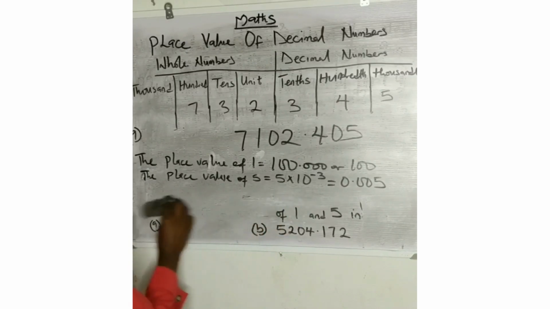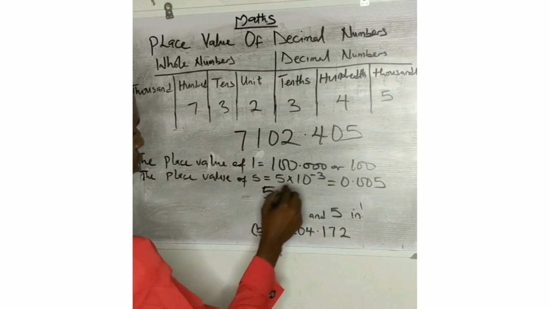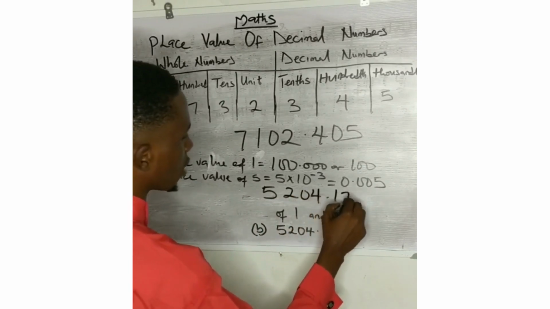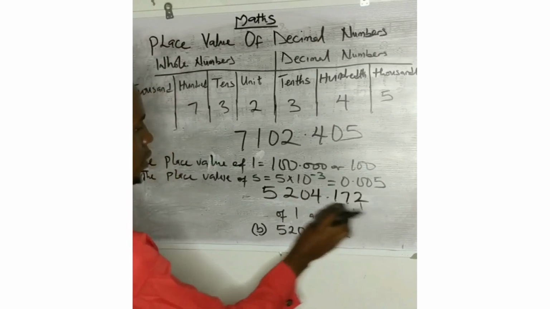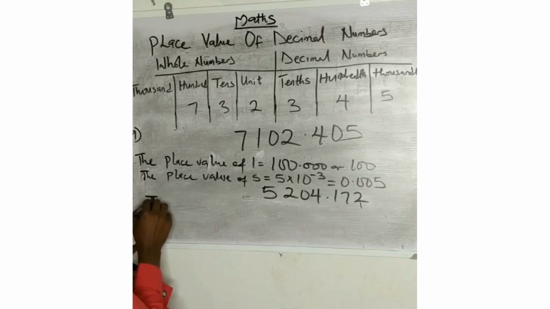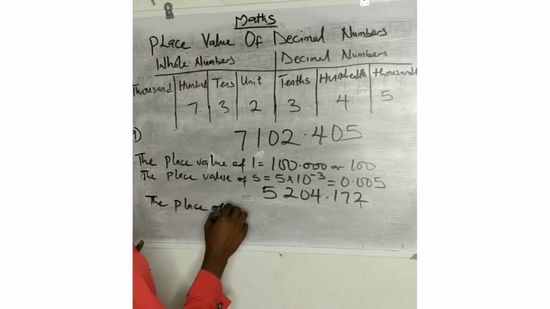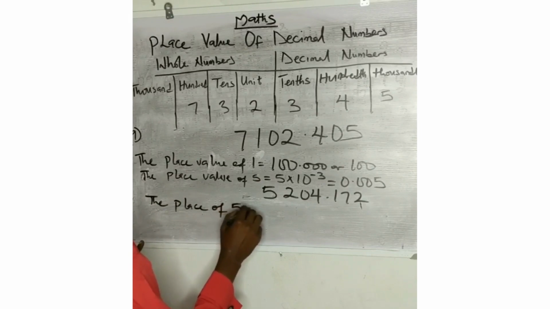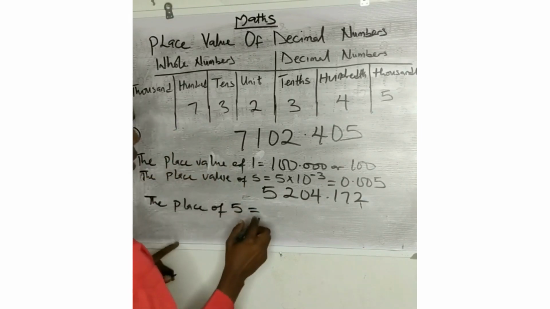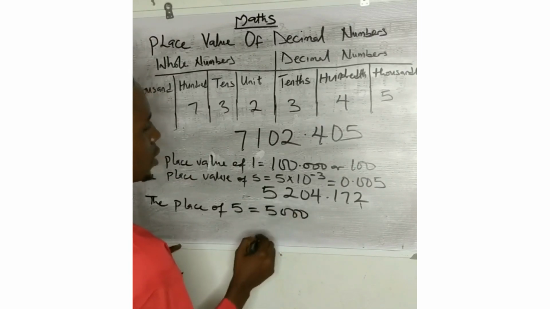For B, we have 5204.172. If we have something like this, the place value of 5 is going to give us what? 5 is under thousand. So we have 5,000.